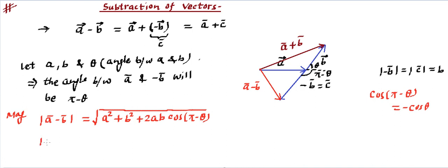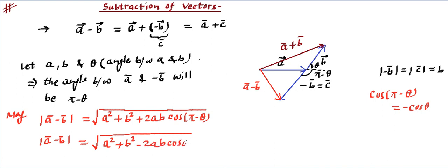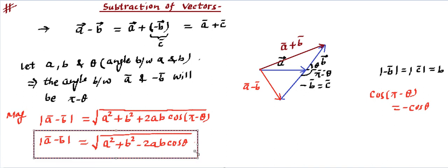That means the magnitude of a minus b is given by this formula, which will become square root of a square plus b square minus twice ab cos theta. Making sense? Yes, so that becomes a formula for us to get the magnitude of the difference of two vectors.